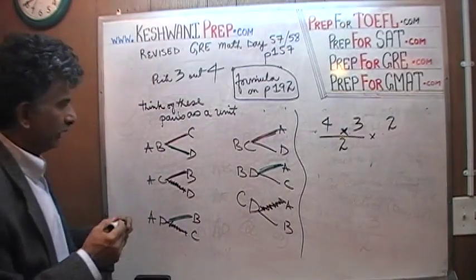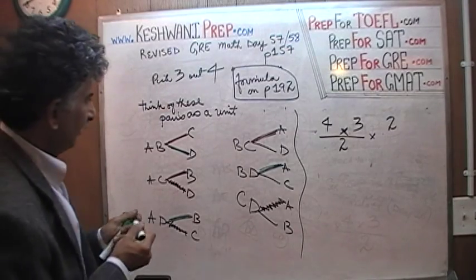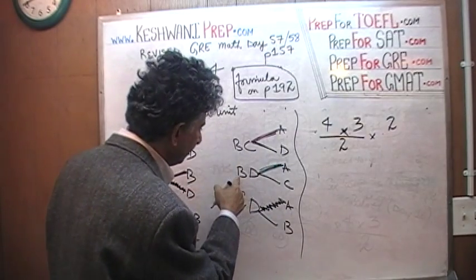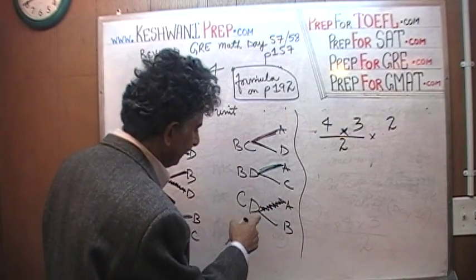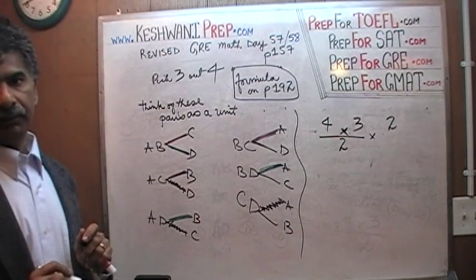And of course, there is one more, I forgot about it. And that's the one I'm going to leave the way it is, which is B, C, D. Everything is triple counted.